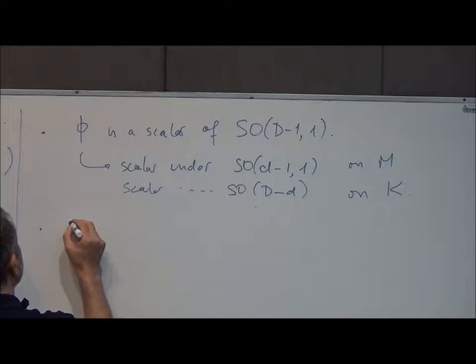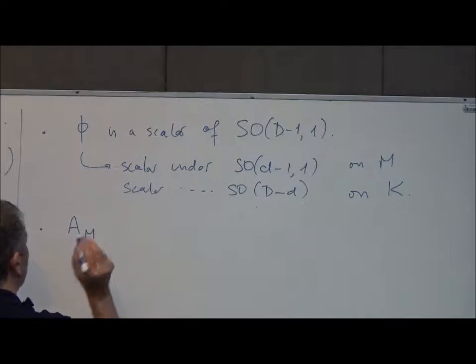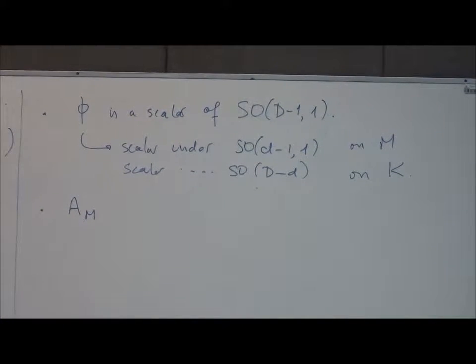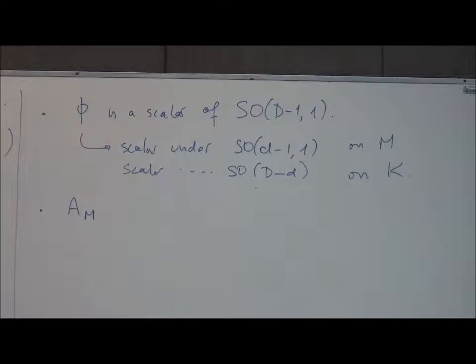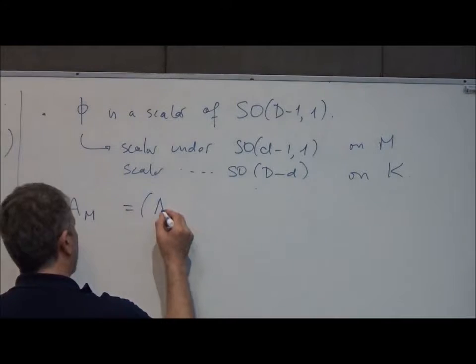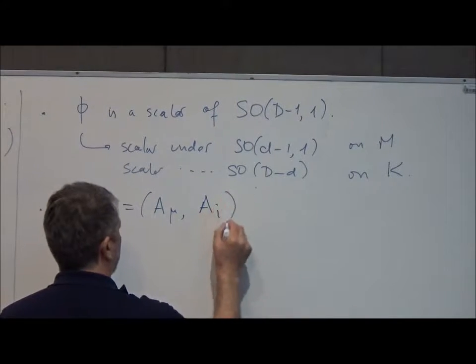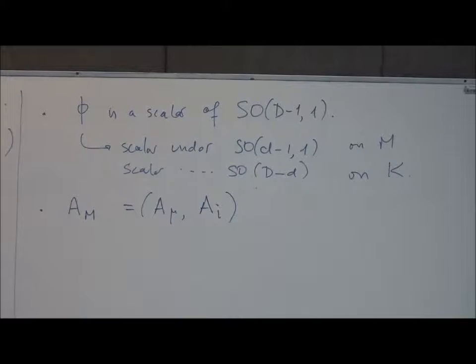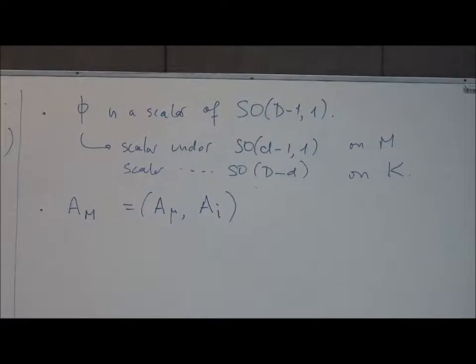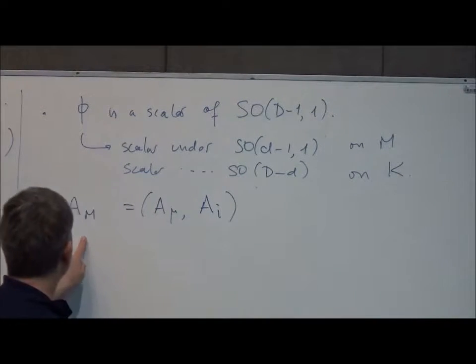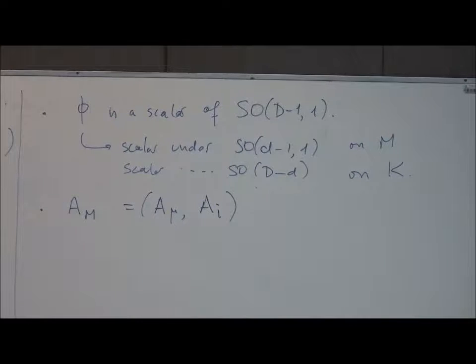Let's try a vector. Big N label, because I told you that my labels are going to be big N on the big space. This guy I can write as this chap. It has components like that. It's a vector. Well, actually, this is the basis of one-forms, but you don't care. So, question. Under SO(D minus 1, 1), this transforms as a vector.